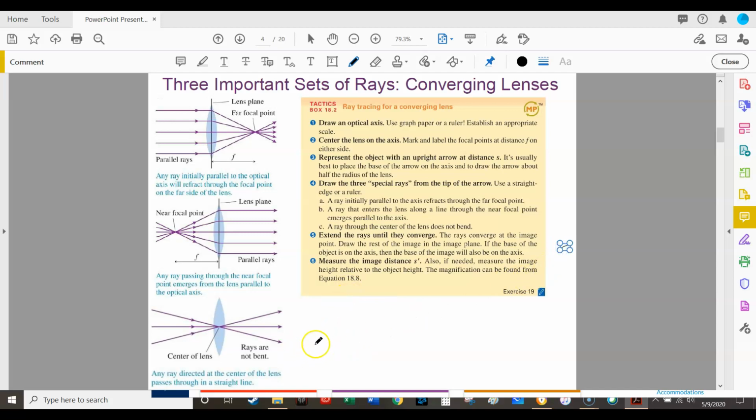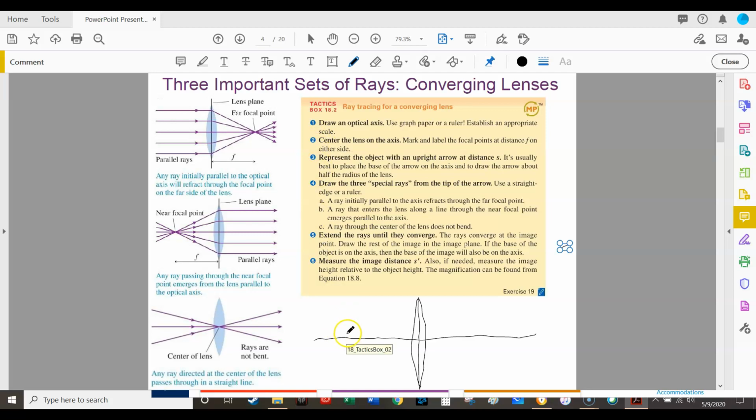So the first thing you draw is the optical axis, which is just a center line. Okay? And with both converging and diverging lenses, you're going to draw the lens itself. But the most important part, I didn't do a very good job of drawing this, I'm sorry, is you're going to draw a bisector of that lens, and that's number 2 here. All right.